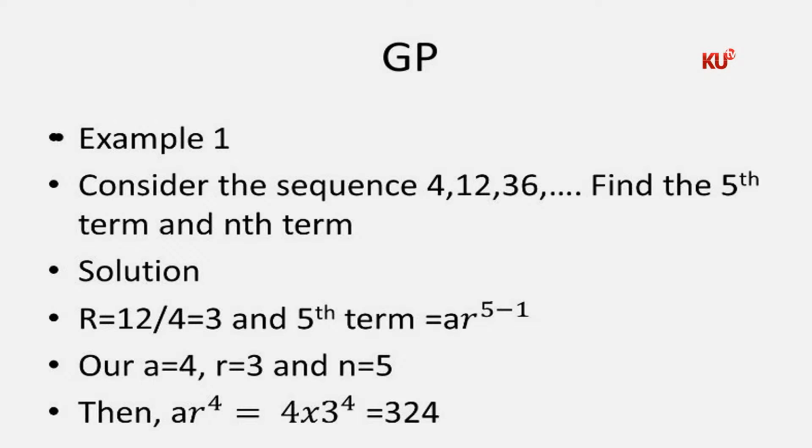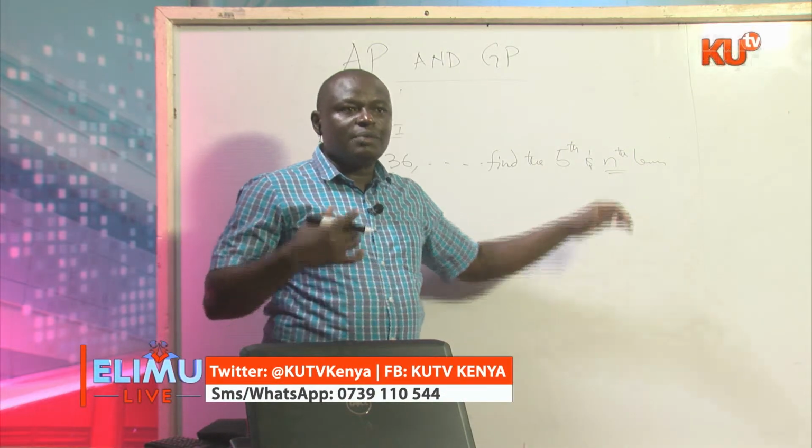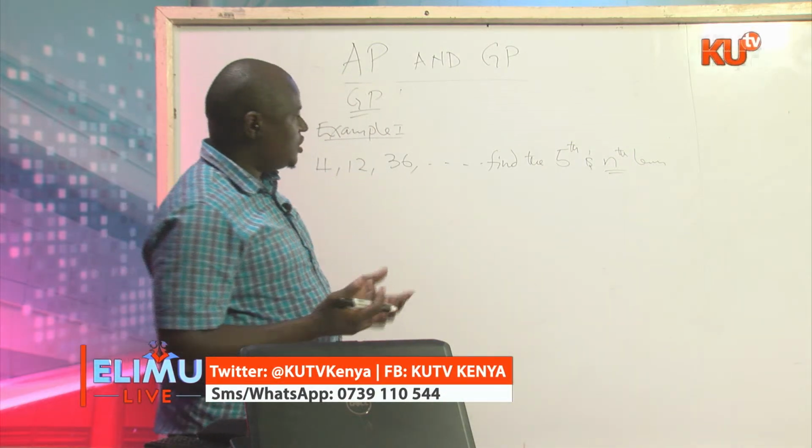Consider the sequence 4, 12, 36, dot, dot, dot. They want us to find the fifth term and the nth term. Nth term is the general term, so don't be worried by those wording.